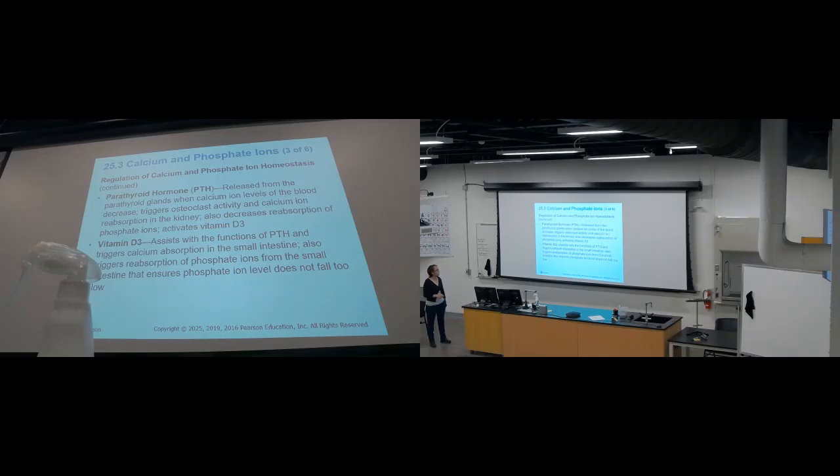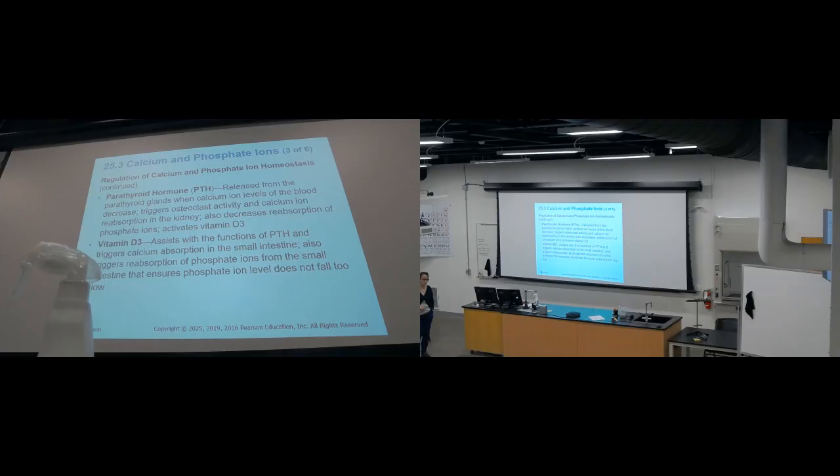So again, here are the participants for regulating calcium. We have PTH. It is released when you have a decrease in calcium. And then this PTH decreases the reabsorption of phosphate ions. So that's what I told you before. You can switch, so you reabsorb calcium instead of phosphate. And then this one activates vitamin D3.